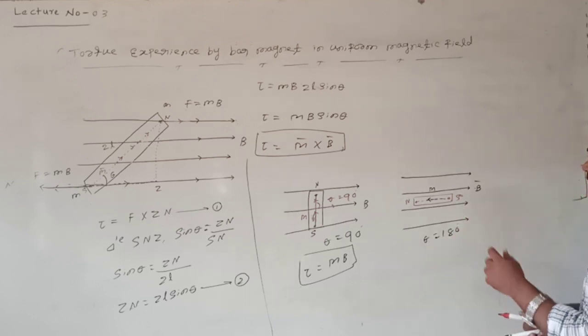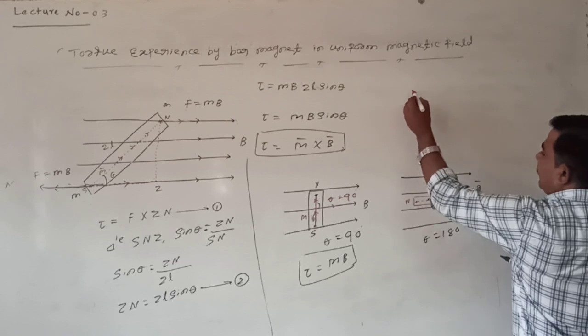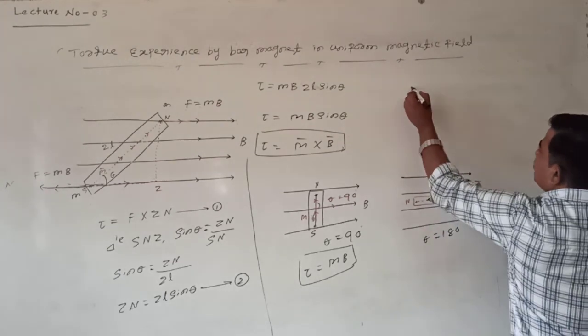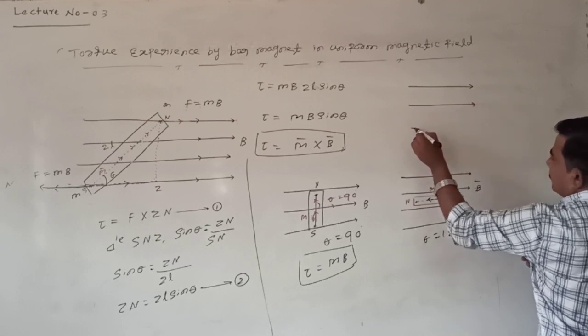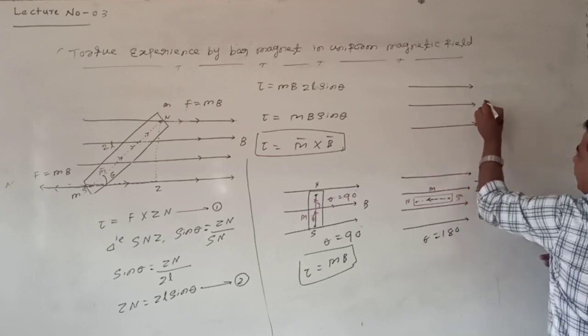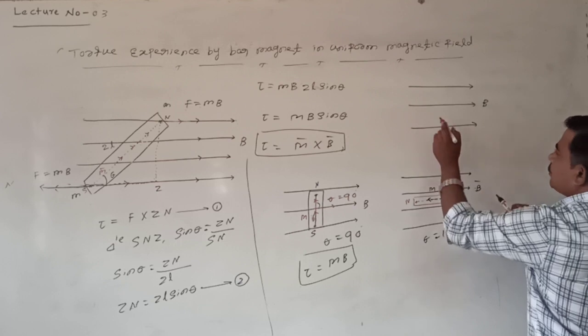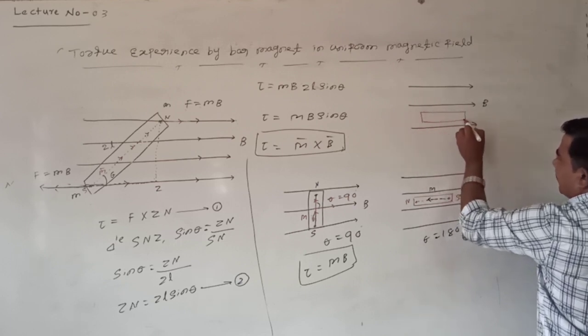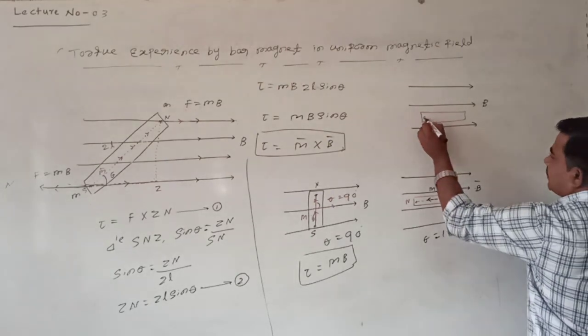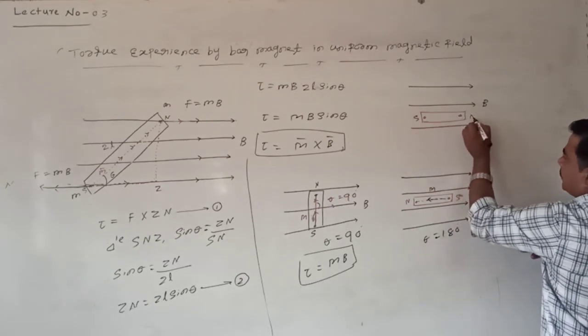Or I can take one more situation. Again I will take uniform magnetic field lines represented by the quantity B. In this uniform magnetic field, again we will take a dipole or bar magnet. I can call this the south pole, and this the north pole.